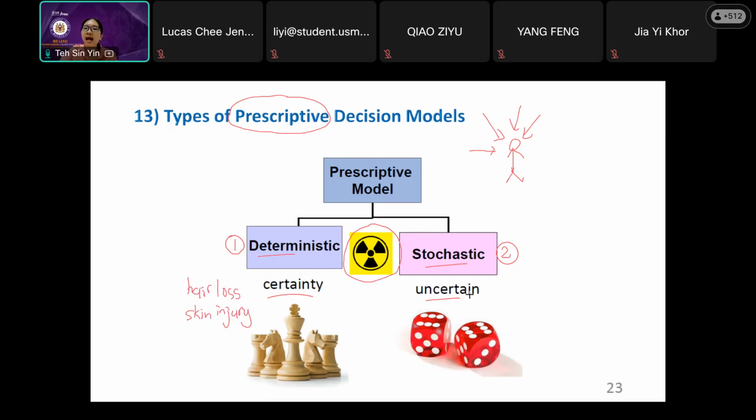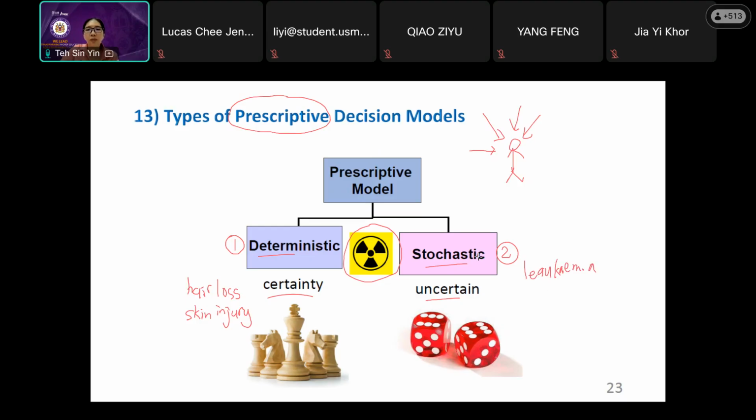What about the uncertain or stochastic effect when you have high exposure to this radiation? It could become leukemia, or maybe it will have some hereditary effect.